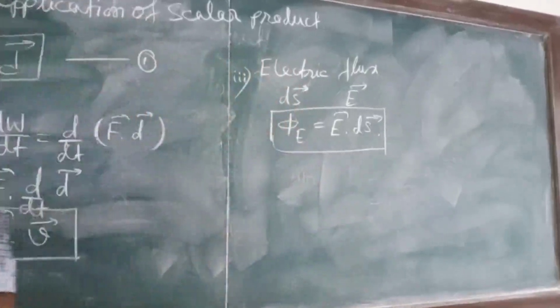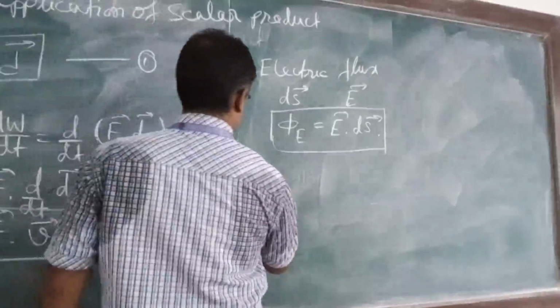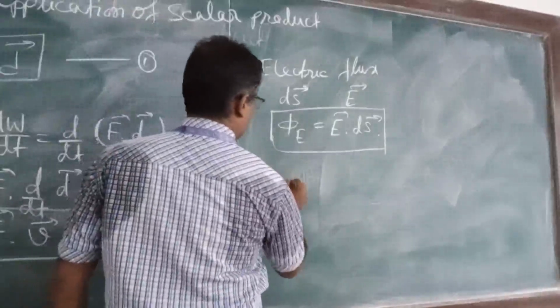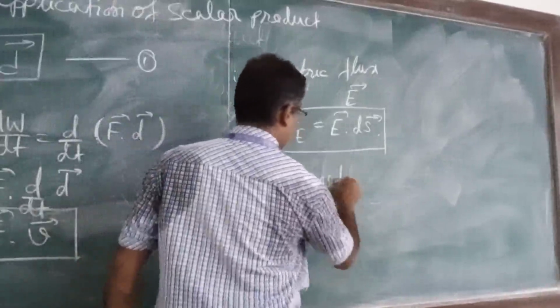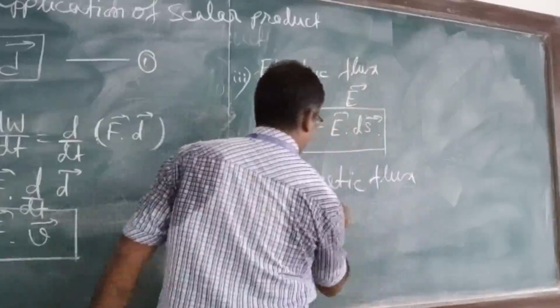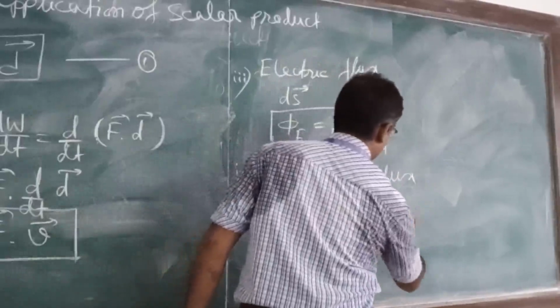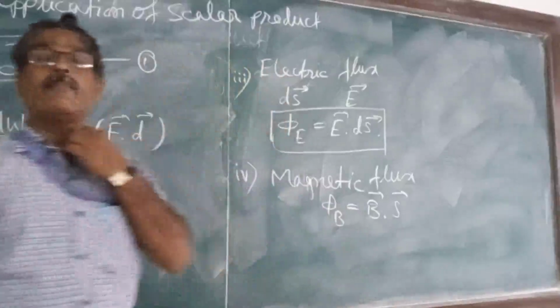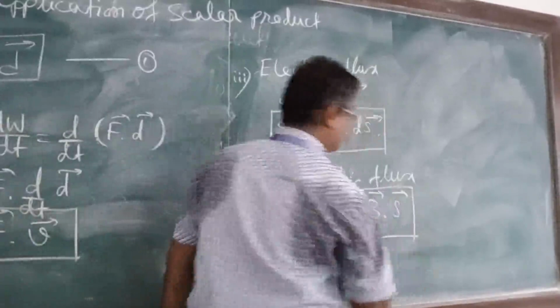Similarly, we can find out the magnetic flux. Phi B equals B dot S, or B dot ds.